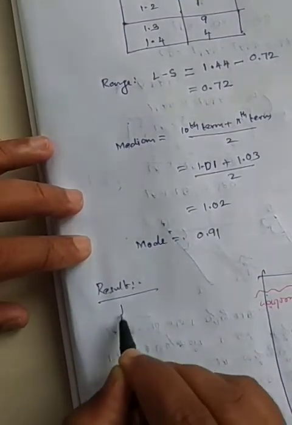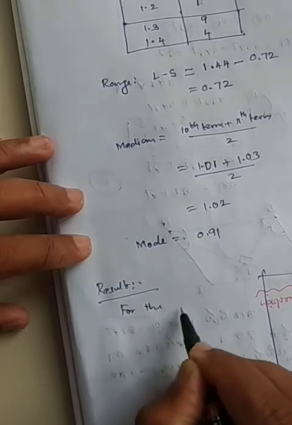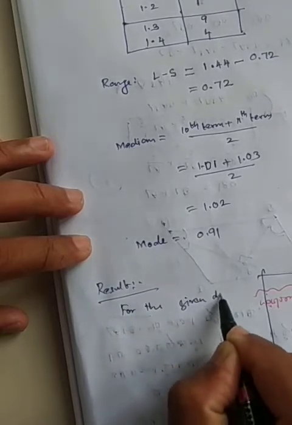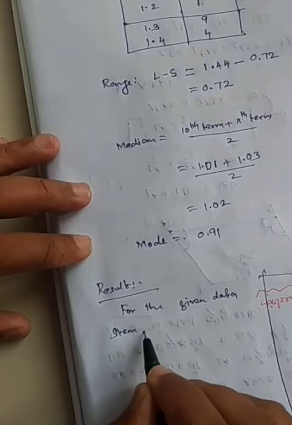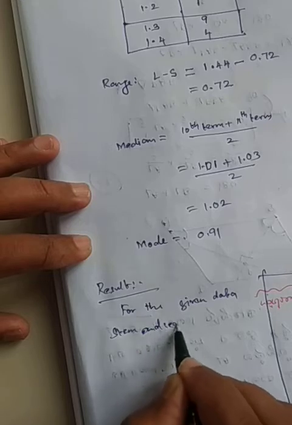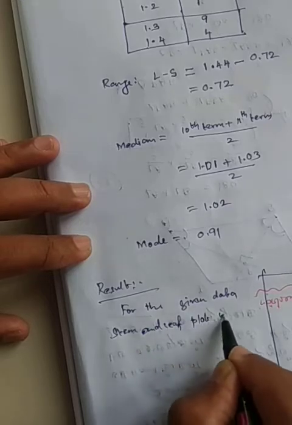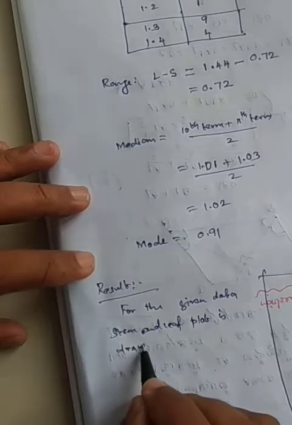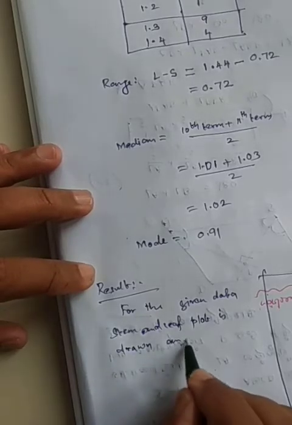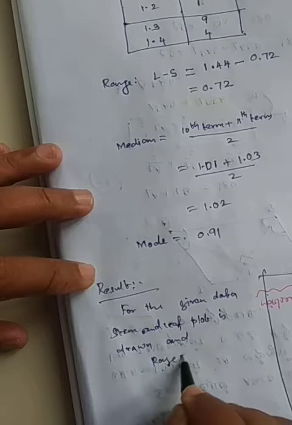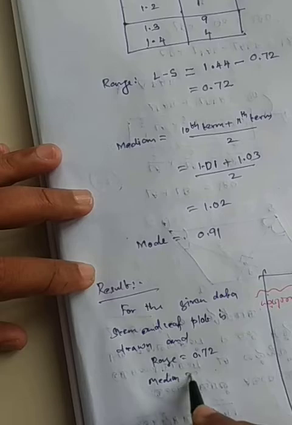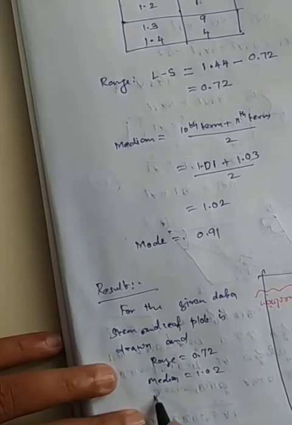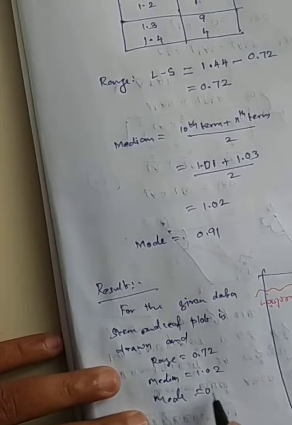What you will write: for the given data, stem and leaf plot is drawn, and range is 0.72, median is 1.02, and then mode is 0.91. In this way you need to write the results.